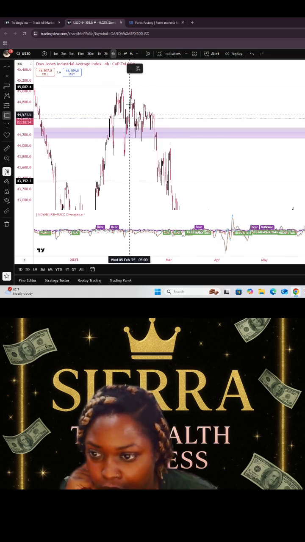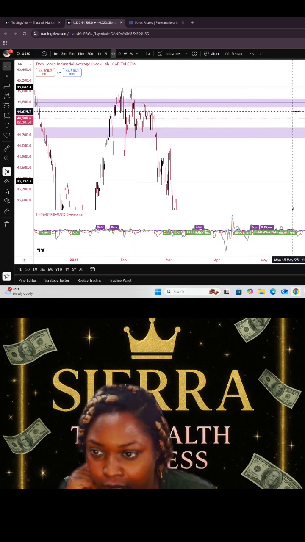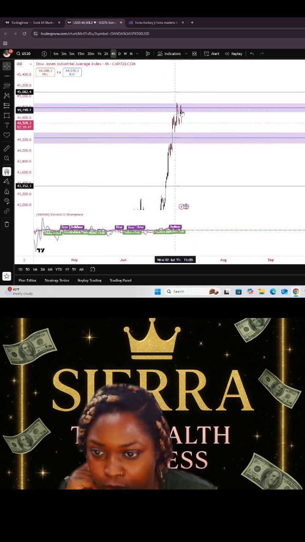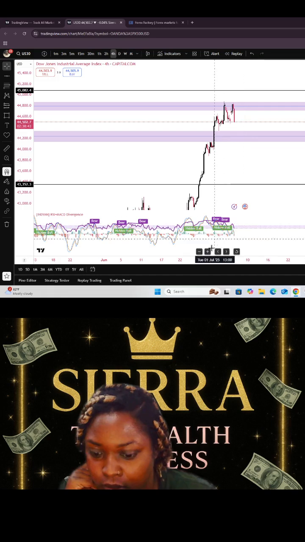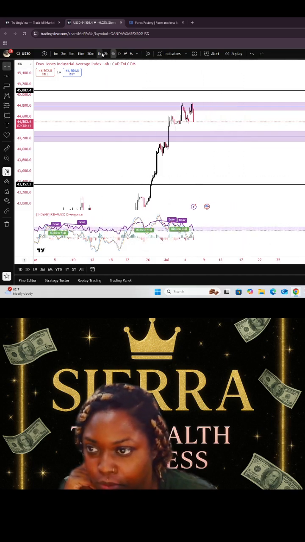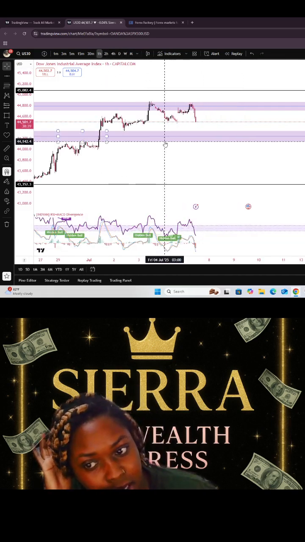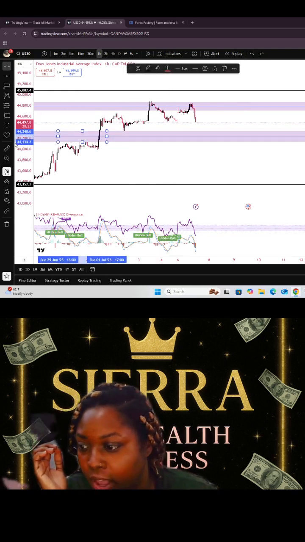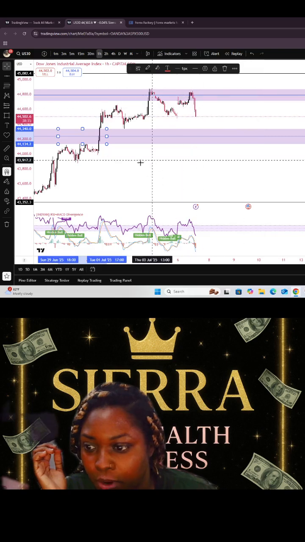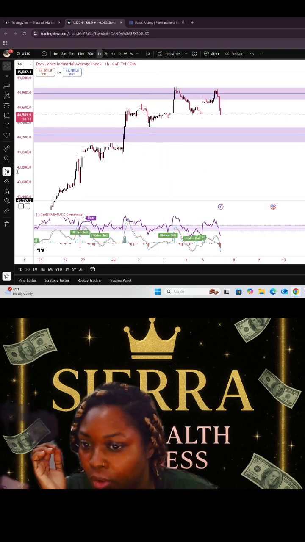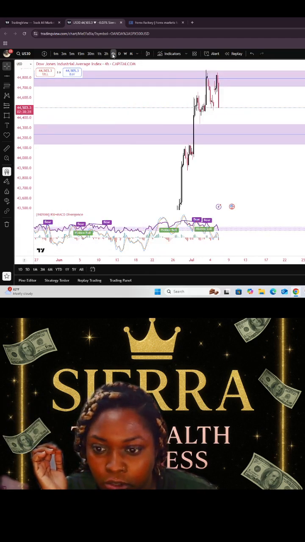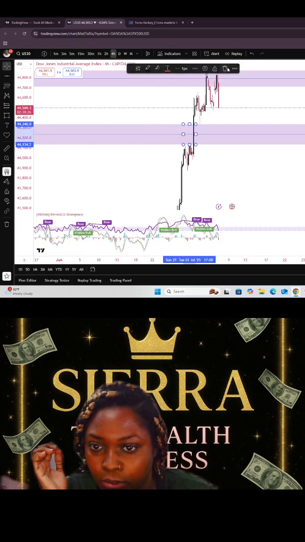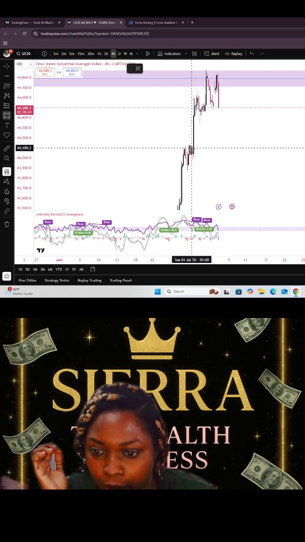So I'm going to mark this one right here. Definitely already missed this entry. US 30 moves so fast. So if you didn't get in up here at the top, leave it be, okay? I'm going to redo this one for this 4-hour gap.